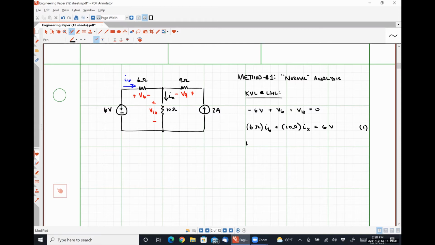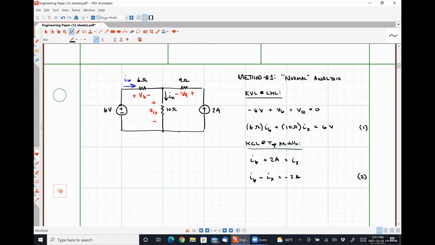And now I'm going to apply Kirchhoff's current law at the top middle node. What I have is a current of I6 flowing in, a current of 2 amps flowing in, and a current of Ix flowing out. So I can rearrange this and say that I6 minus Ix is equal to negative 2 amps.